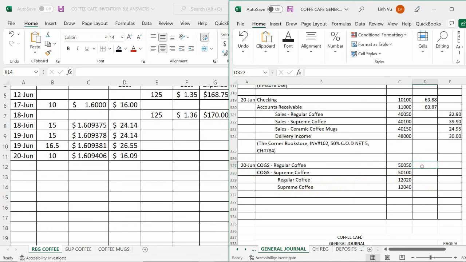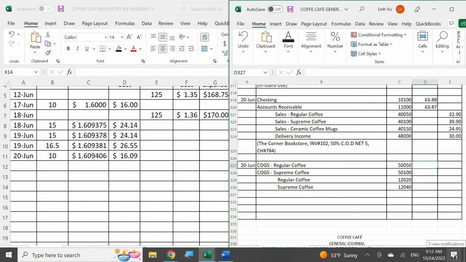So how much was the cost of goods sold for the regular coffee? Can I see your inventory sheet? It is open right now.